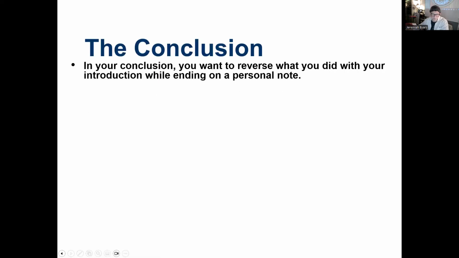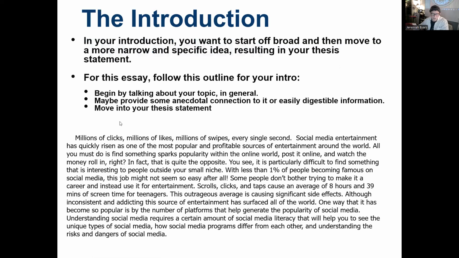So hold on, look. This paragraph goes from broad and general social media, and it narrows down the conversation to looking at the negative effects of social media. Starts off just social media. Then it moves into talking about the negatives, and then it ends with our thesis statement, saying how we're going to classify the different types of social media.